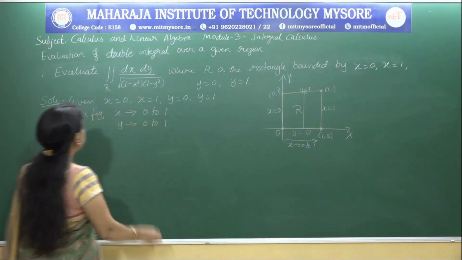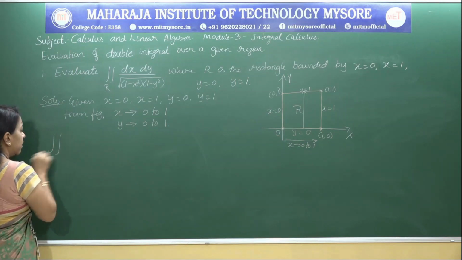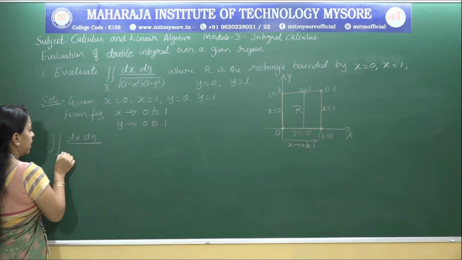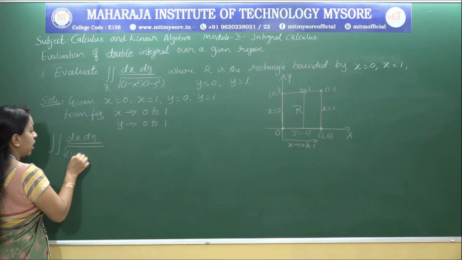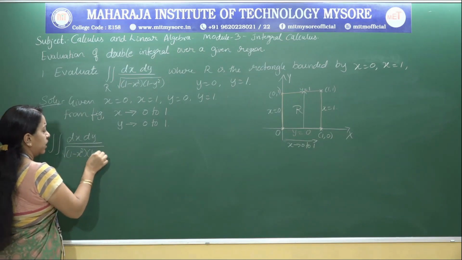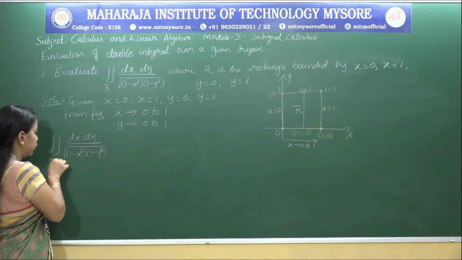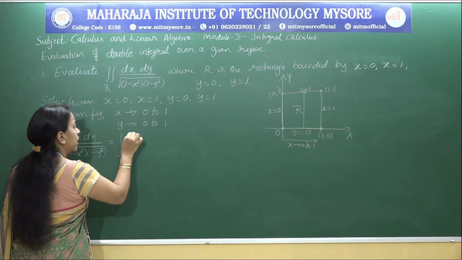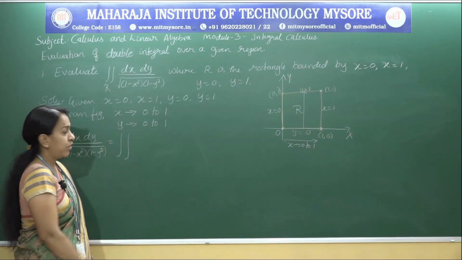Okay. Now consider the given double integral dx dy divided by square root of 1 minus x square, 1 minus y square, over the region R. Now we know the limit of x and y, right?